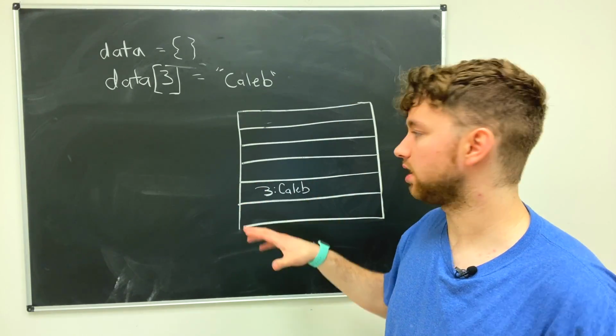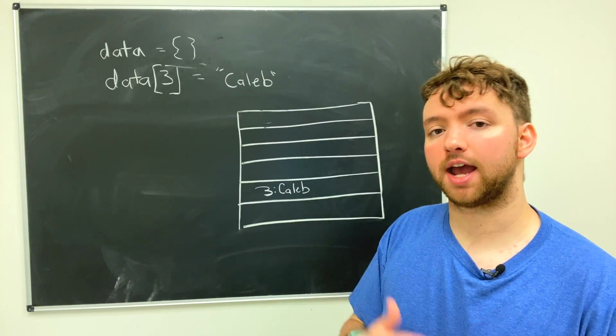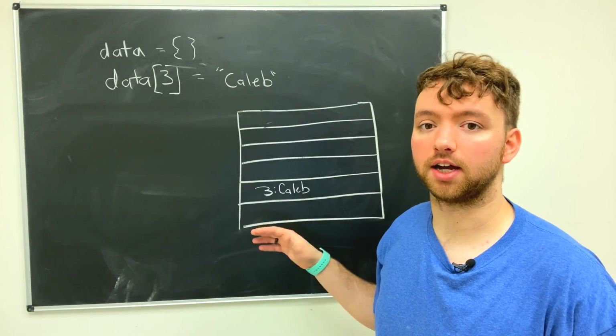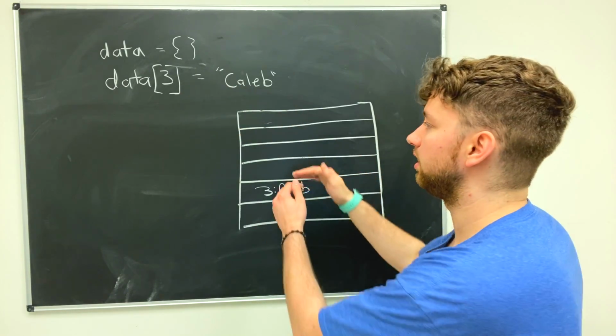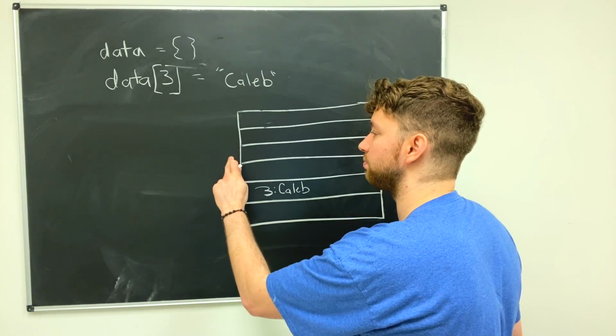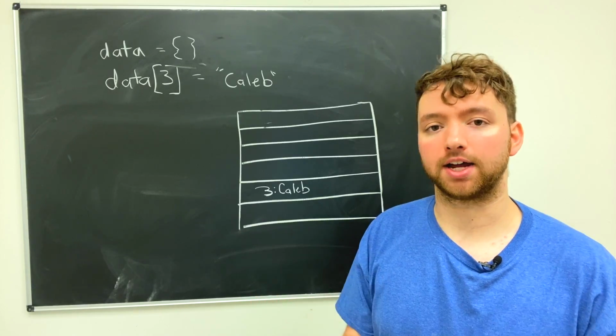Now to use the hash table, the actual location in memory is irrelevant to us, but if you want to understand the hashing aspect, it's important to understand that this is going to be assigned some specific spot in an array. Now the actual way it decides which position to store this at is determined from hashing.